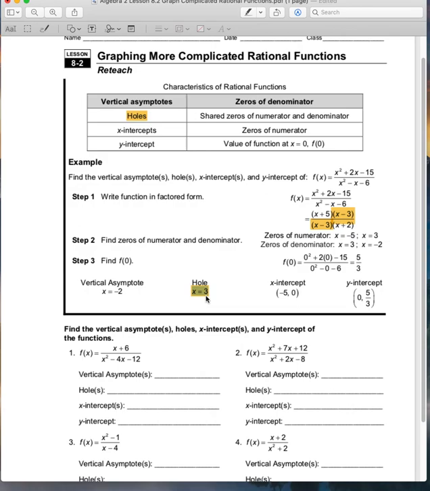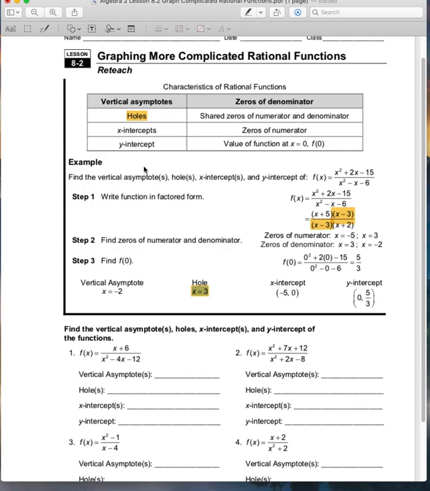So the hole is a position on the graph where the y is undefined. That's different than an asymptote, that's a line. That's where no points exist on the graph, the graph won't cross that boundary where x is -2. So that's a unique thing for a more complicated rational function.